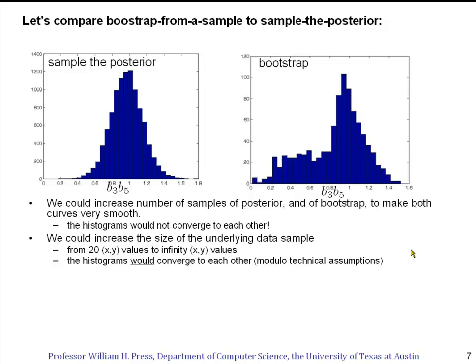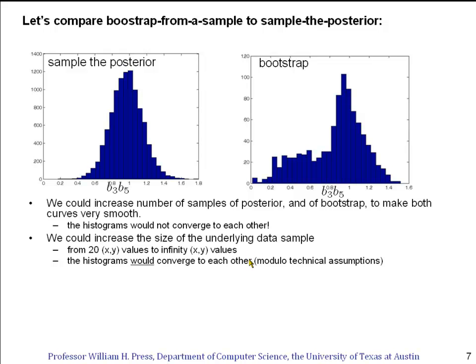On the other hand, what the bootstrap theorem tells us about asymptotics is that if we increase the size of the underlying data sample from 20 xy points to a much larger number of xy points, and then repeated sampling the posterior to estimate B3, B5, or bootstrapping to estimate B3, B5, then those histograms, modulo some technical assumptions, would converge to each other.